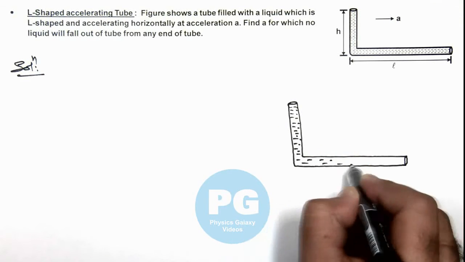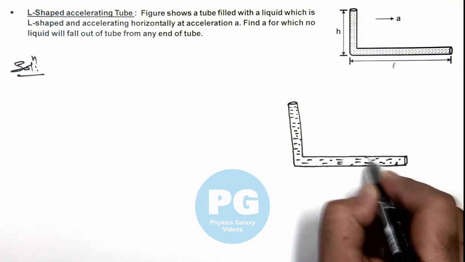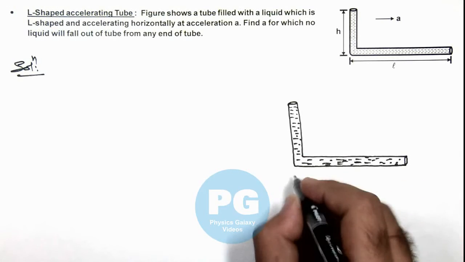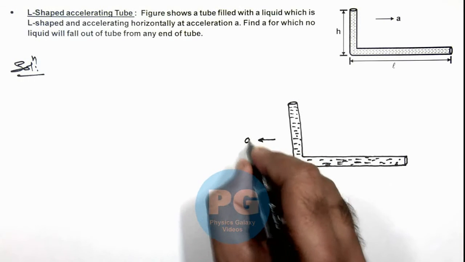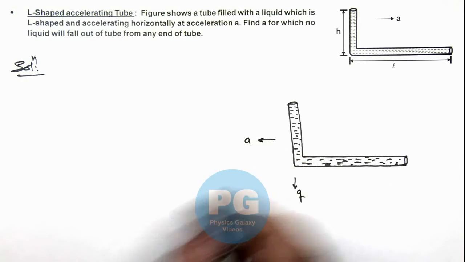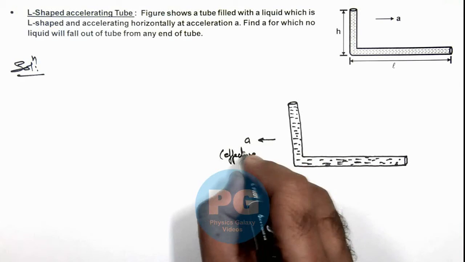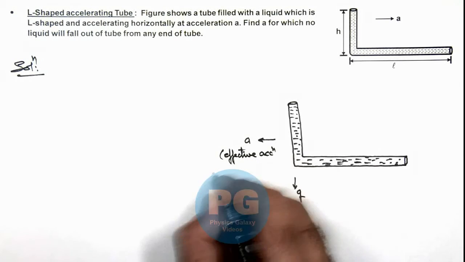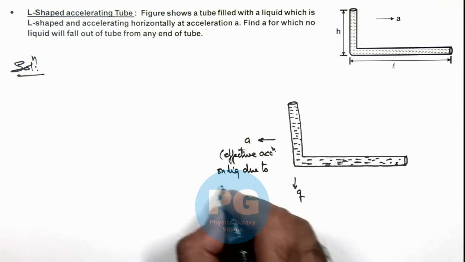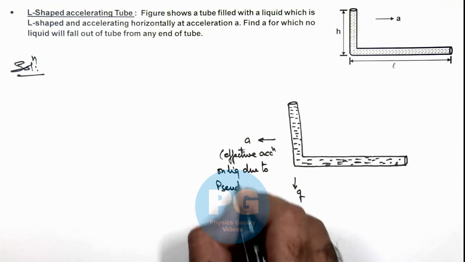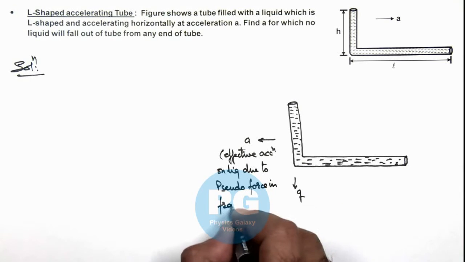So in this case, if we talk about the liquid in the tube, when g is acting in downward direction and with respect to tube, the pseudo acceleration will be acting in this direction. So this is the effective acceleration on liquid due to pseudo force in frame of tube.